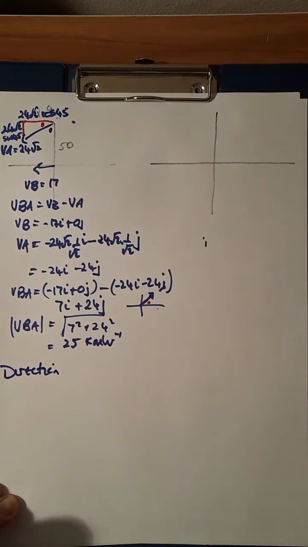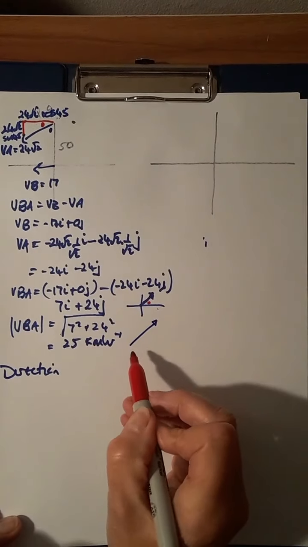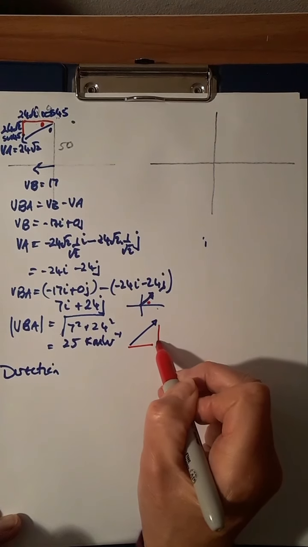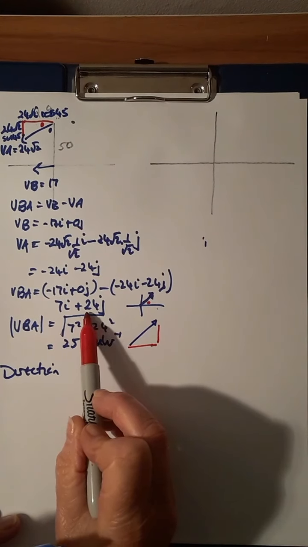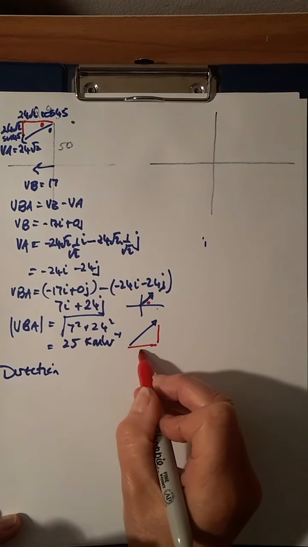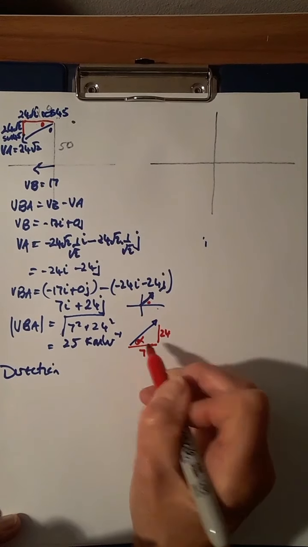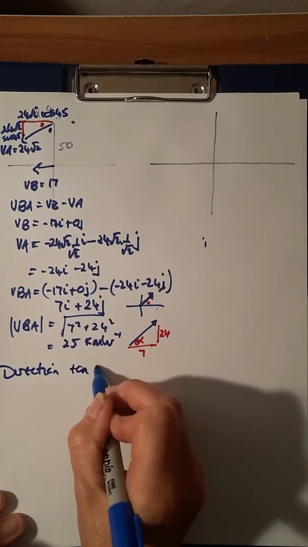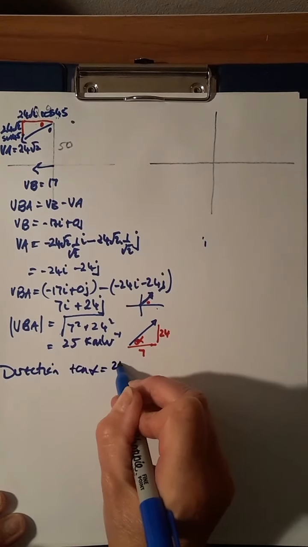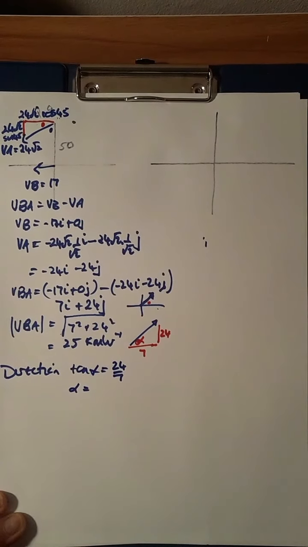If this is the vector, that blue line there, and I draw a right angle triangle around it, I know that it's 7 on the I, 24 on the J, so this has a value of 7, this has a value of 24. This is my angle, I'll call it alpha. So tan of alpha is equal to the opposite over the adjacent, 24 over 7. And when you work that out, you get an alpha of 73.74 degrees.